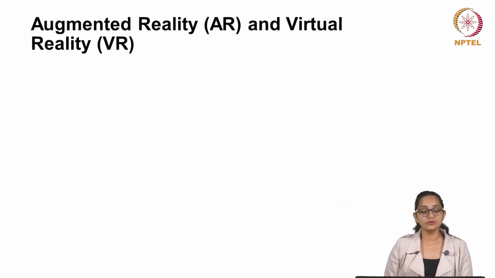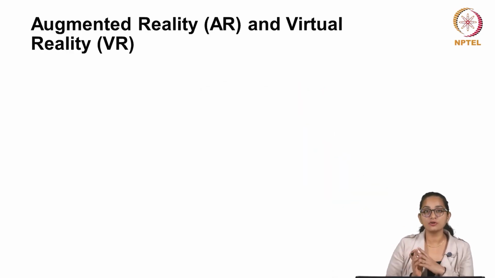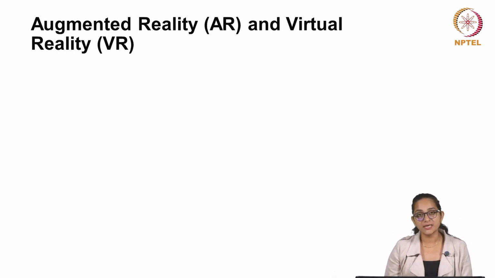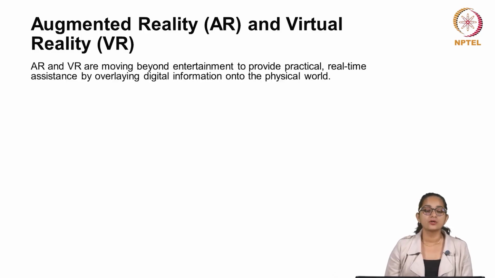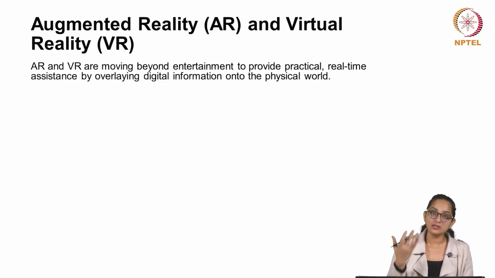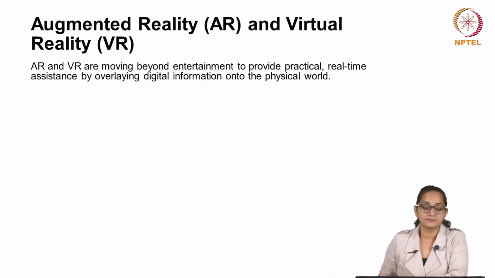Now let's move on to the next category of emerging technologies, which is augmented reality and virtual reality based technologies. AR and VR are moving beyond just arcade games, and now are able to provide practical real-time assistance by overlaying digital information onto the physical world.